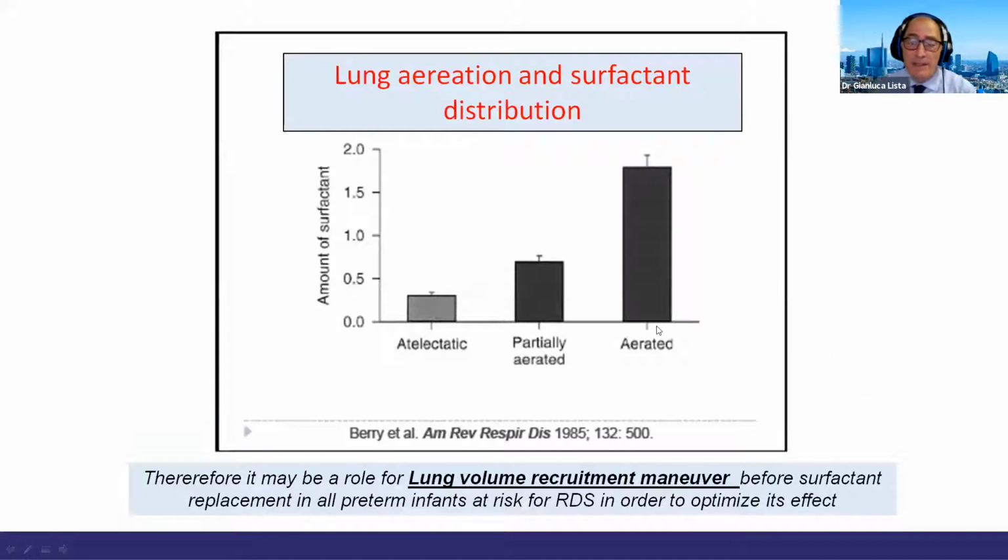We have to remember that surfactant distribution is regulated by the amount of the lung that is aerated, because surfactant distribution is much greater in a more aerated lung. So there is a possible role for a lung volume recruitment maneuver before giving surfactant.